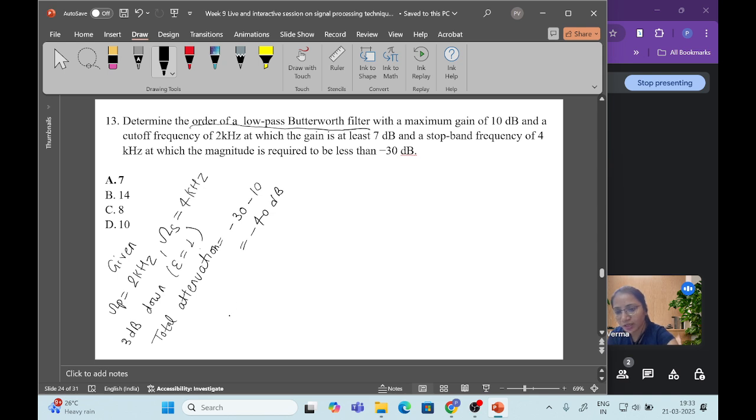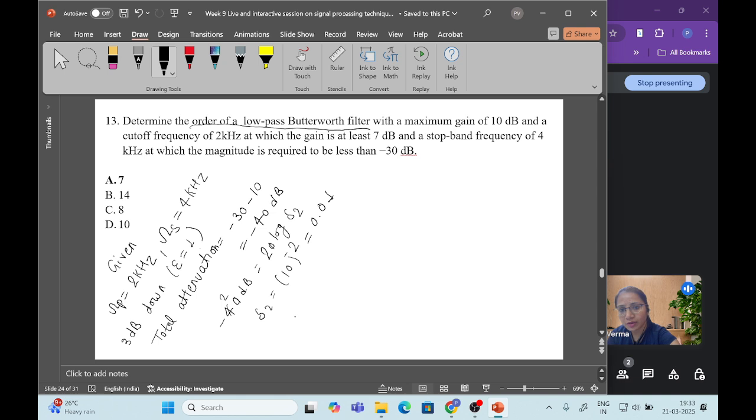So minus 40 dB total attenuation is equal to 20 log del 2. From here if you calculate it, 10 to the power minus 2 will be there, right? So that is equal to 0.01.